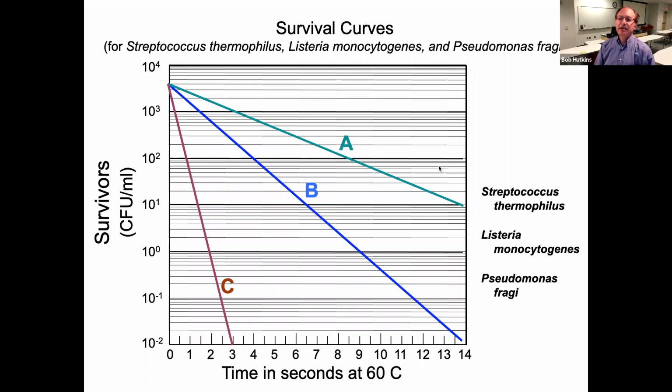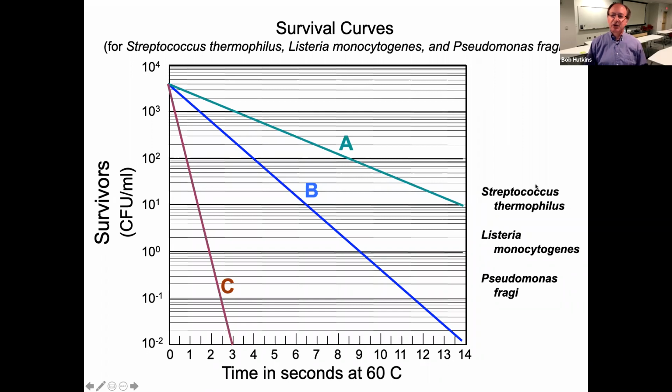They help you remember things: the better equipped a microbe is to grow at low temperature, like Pseudomonas, the more sensitive it is to high temperature. And the more thermophilic a microorganism is, the more tolerant it is to high temperature.